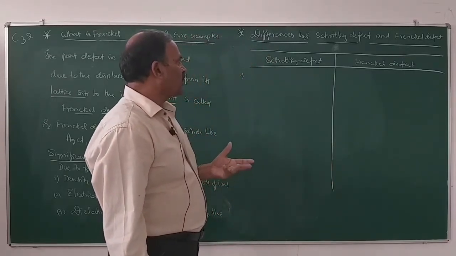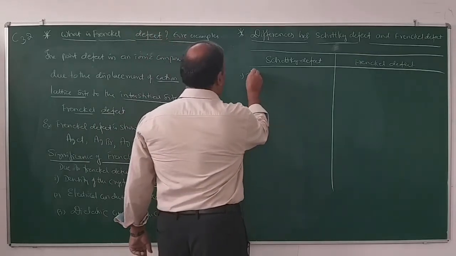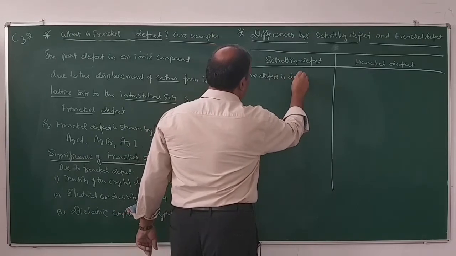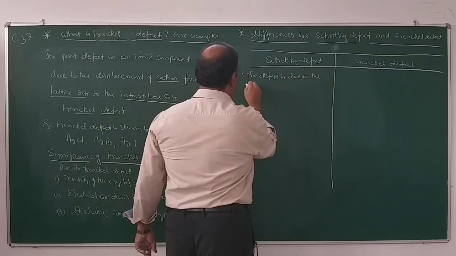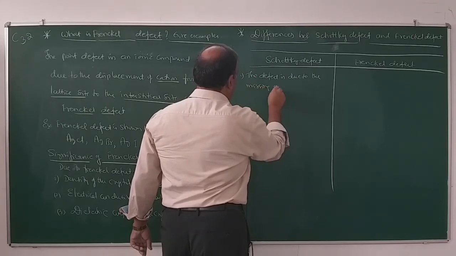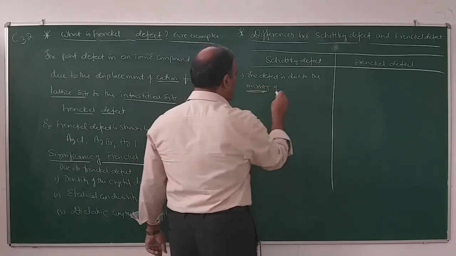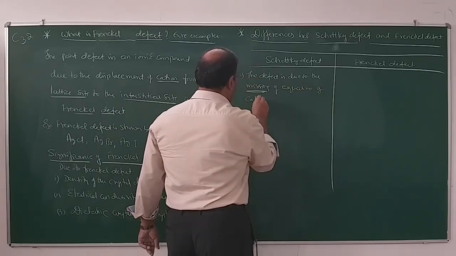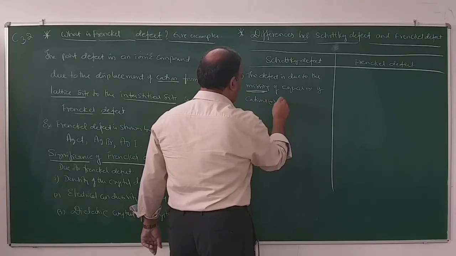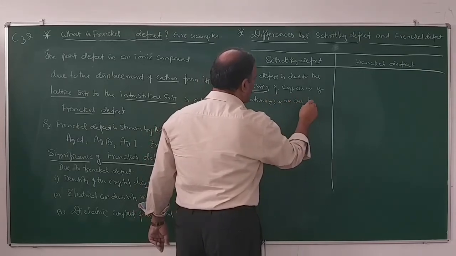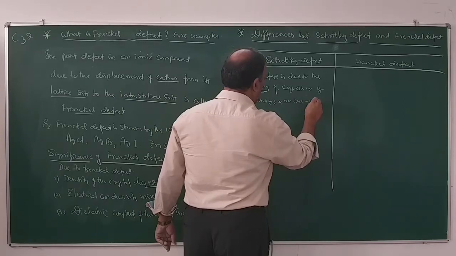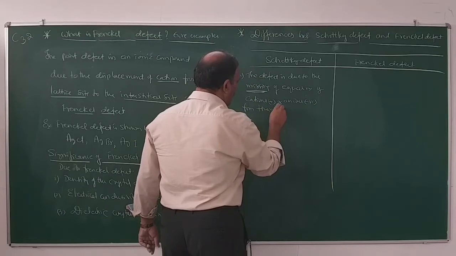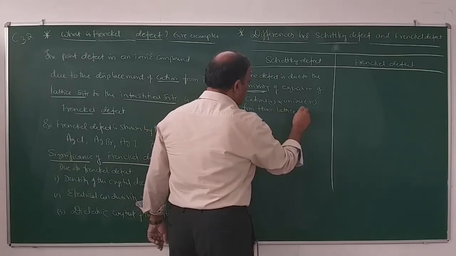So how does Schottky defect arise? The defect is due to the missing of, so underline the word missing, equal number of cations and anions from their lattice sites.